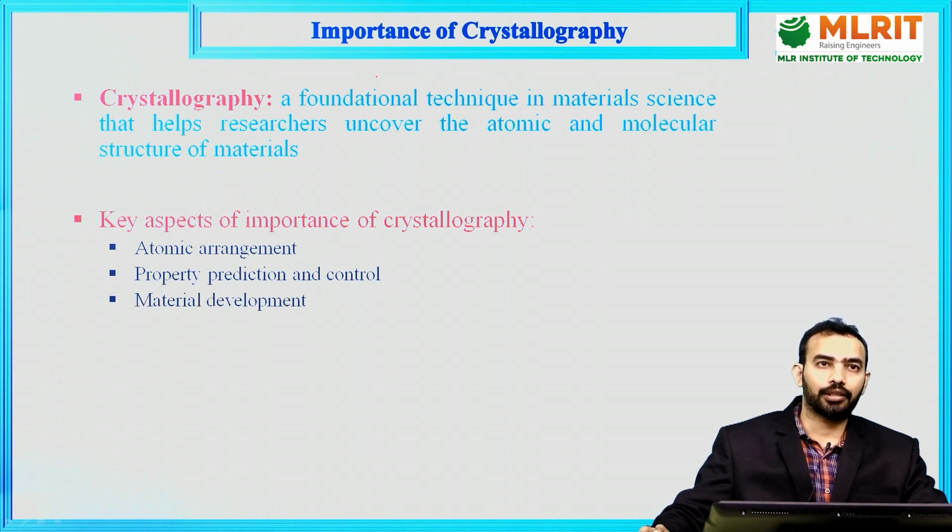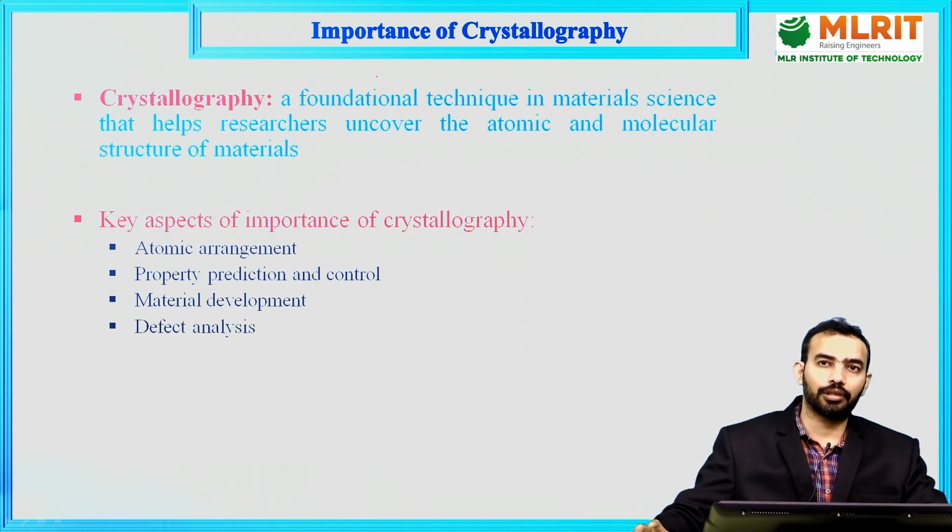Then if you look at material development, for any material development we have to know how the atoms in the material are to be arranged in that particular system. If we can arrange the atoms in desired positions, we can get desired properties for the material. So crystallography can help develop materials.